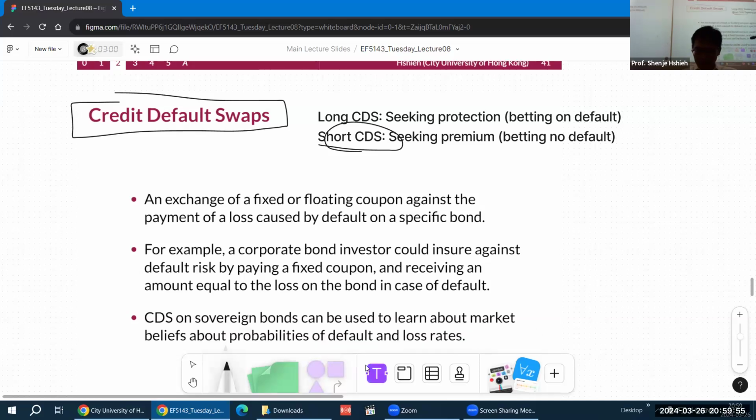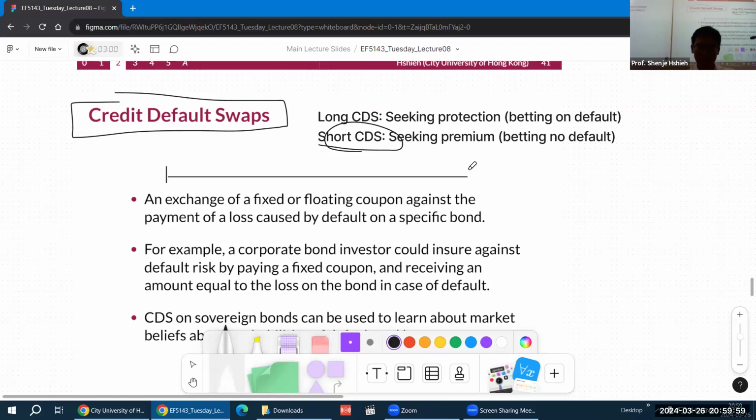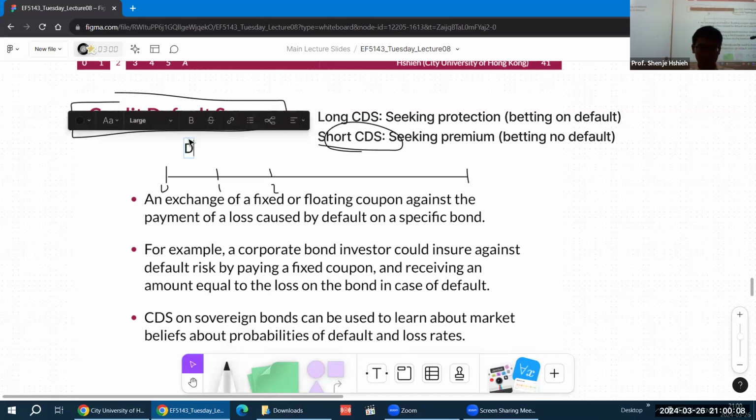So if you want to write it in the timeline format, it would look like this. So 0, 1, 2, whatever. Every period you check if there's default or not. Default, question mark.